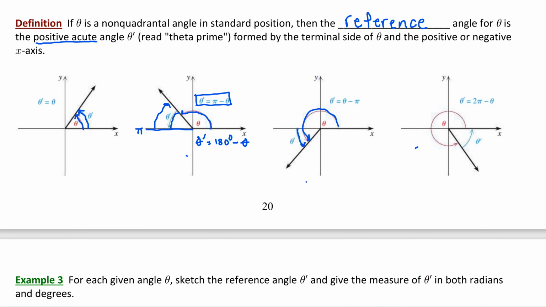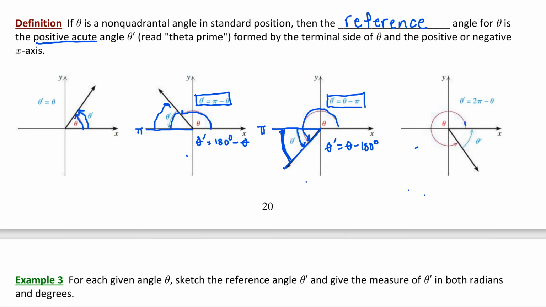If we wanted to calculate the size of theta prime, notice we could start from theta and subtract pi, and that's going to give us the measure of our reference angle. So theta prime is equal to theta minus pi, or in degrees, theta prime is equal to theta minus 180 degrees. The leftovers right here defines our reference angle.